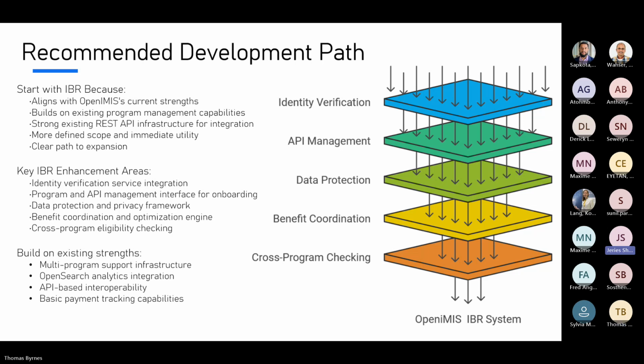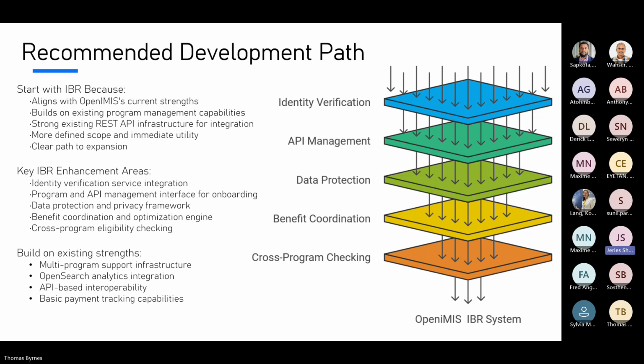The other thing is the benefit coordination optimization engine, because this module is important to make sure that we know which households or individuals are getting which benefits of which programs, because sometimes some programs would require single benefits, no duplication of benefits, and stuff like that, in addition to cross-program eligibility checking.